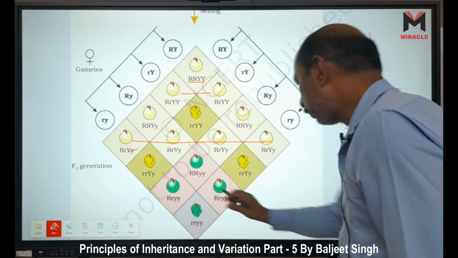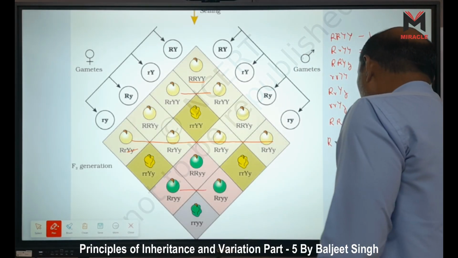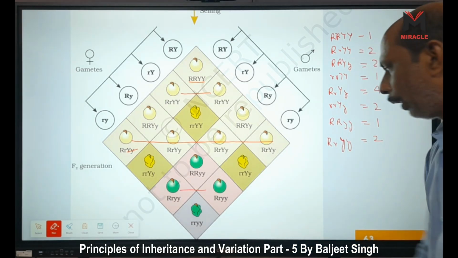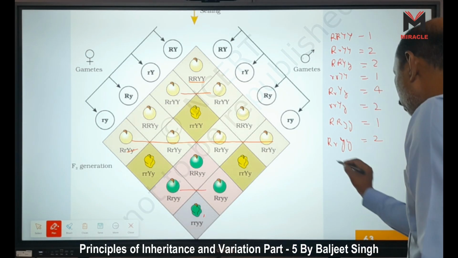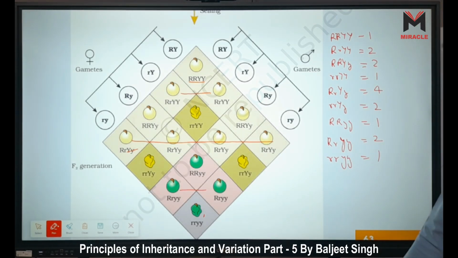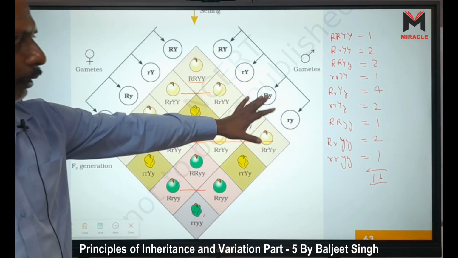Here, this line, it contains capital R, small r, small y, small y. How many? 2. And this last one is small r, small r, small y, small y, 1. Total, when you count this, we have 16. So what is the ratio? Simply it is 1:2:2:1:4:2:1:2:1.